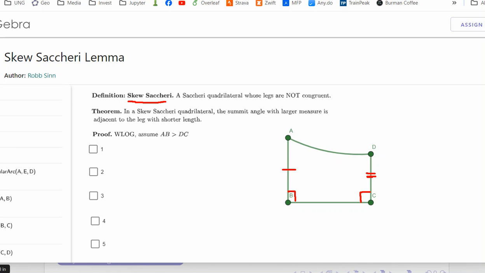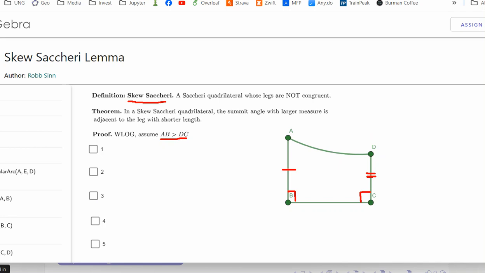Without loss of generality, assume that AB is greater than DC. Why? We've said the legs aren't congruent, so one leg is longer. We could have made the right leg longer than the left leg, but we did it the way we did it, and the proof goes the exact same way if I did it on the other side.